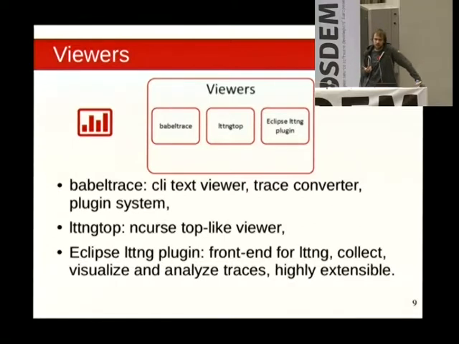The difference between top and LTTng top is that we don't read /proc every second, for instance. We just use live traces, and you can see what's going on in your system. This is pretty awesome, because usually the performance hit is 1 to 3 or 5% on your system, whereas top takes a lot of CPU.